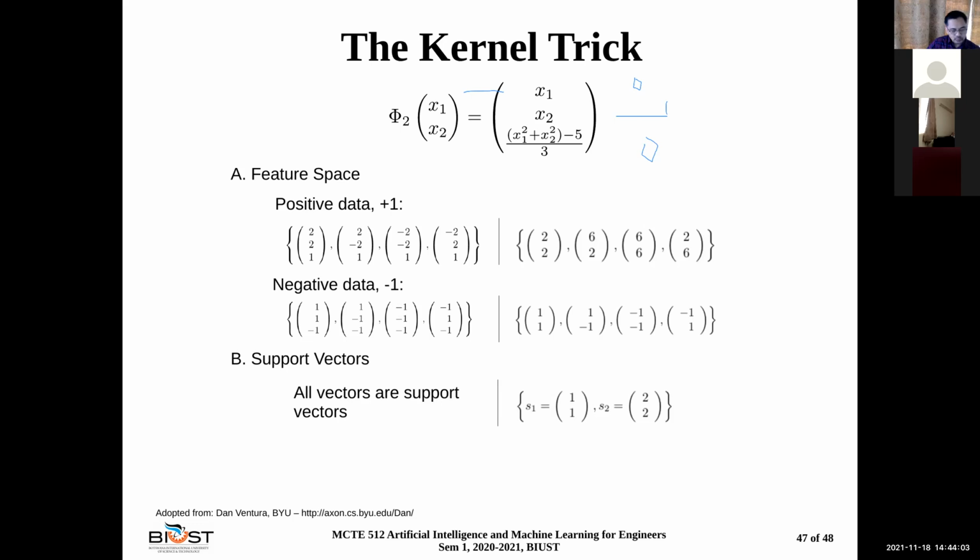Okay, now we are saying that all of them are support vectors. Maybe, but anyway, you consider them all the support vectors in terms of how we transform them.